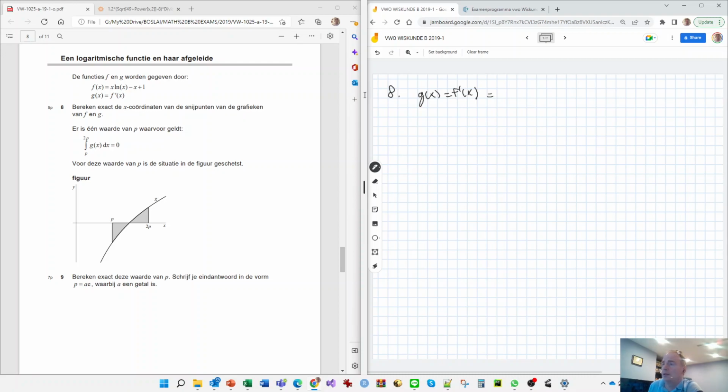So x, the first one is x, the derivative of x is 1, so I get log x, plus x times the derivative of log x, so that is plus x, and then divided by x. Then we get the derivative of minus x, which is minus 1, and derivative of 1 is 0. So it's just log x.